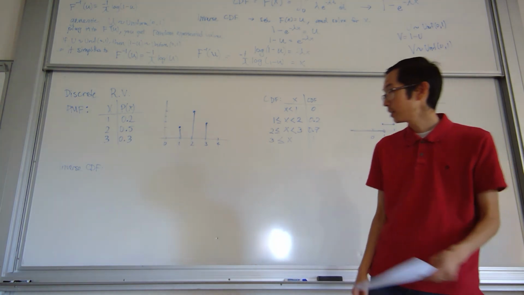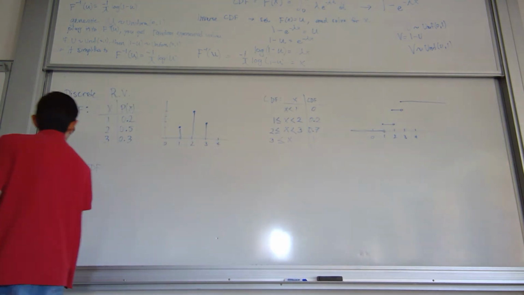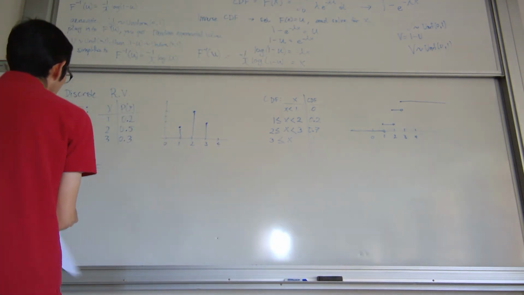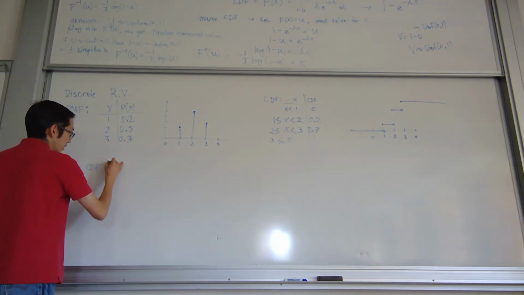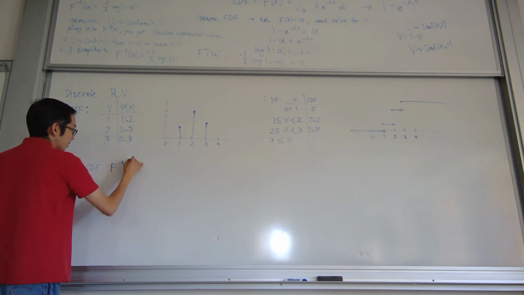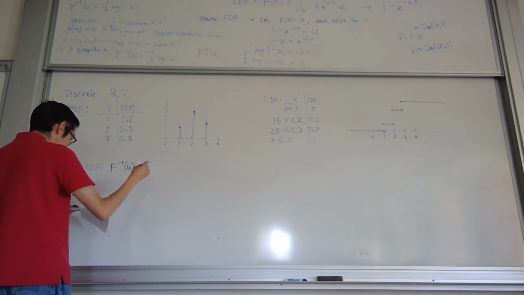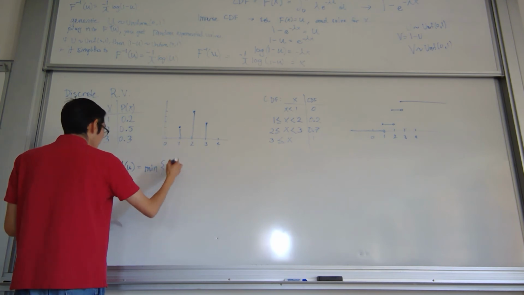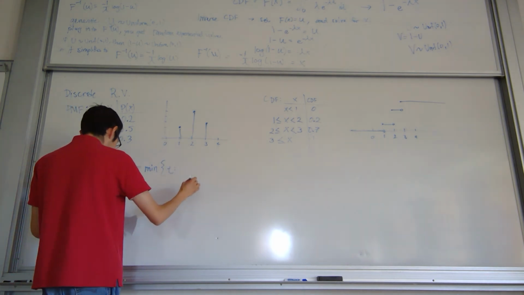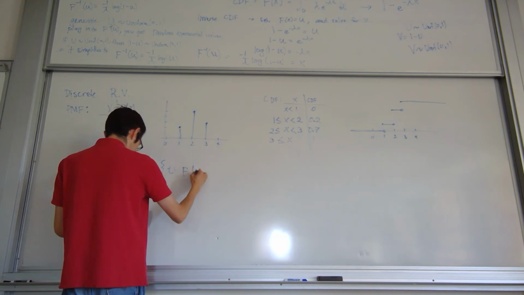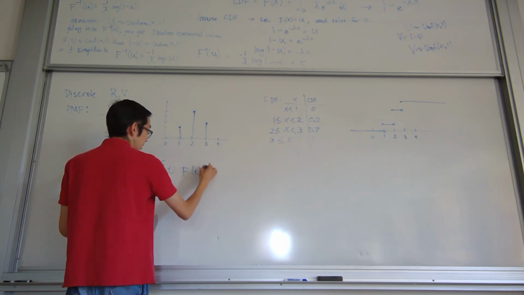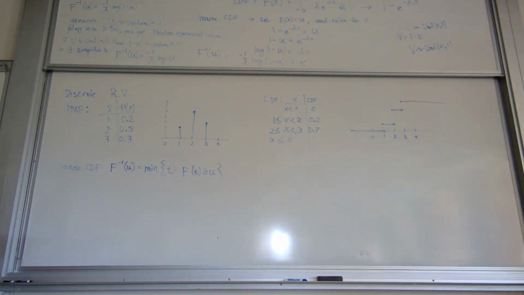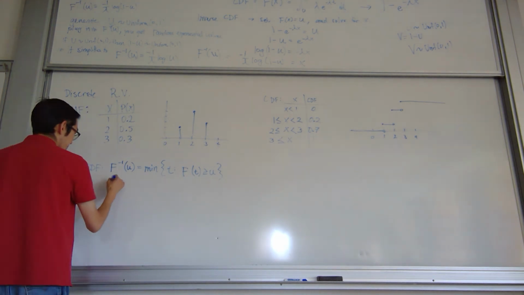Okay? So what ends up happening is that we have to use this min. F inverse of u is going to be the minimum value of t that satisfies the condition F of t is greater than or equal to u.